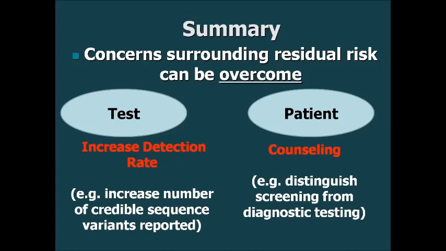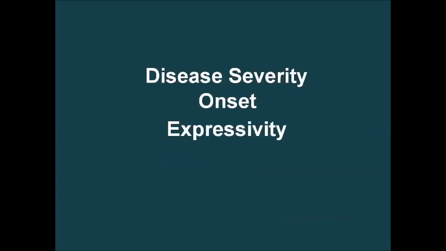We can increase the detection rate by increasing the number of credible sequence variants reported. And on the patient side, it's always important to add to our counseling that expanded carrier screening, and screening in general in the prenatal environment, is not the same as making a diagnosis. And it's critically important that patients understand that screening and diagnostic testing are different.